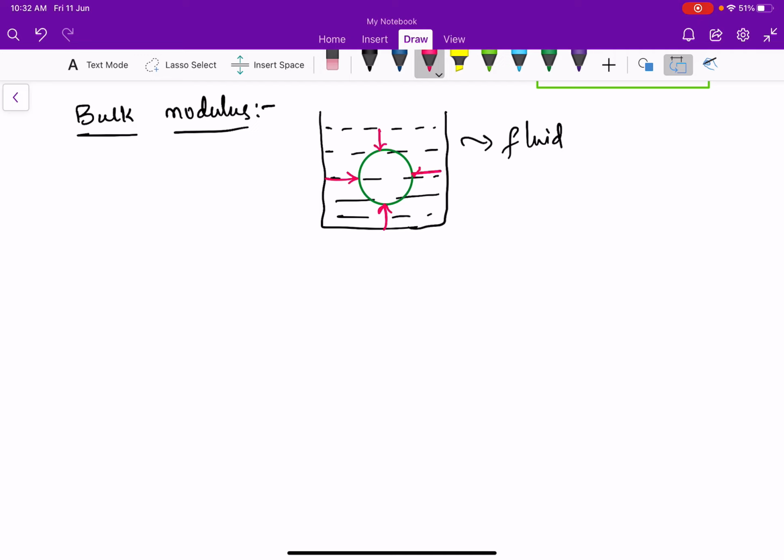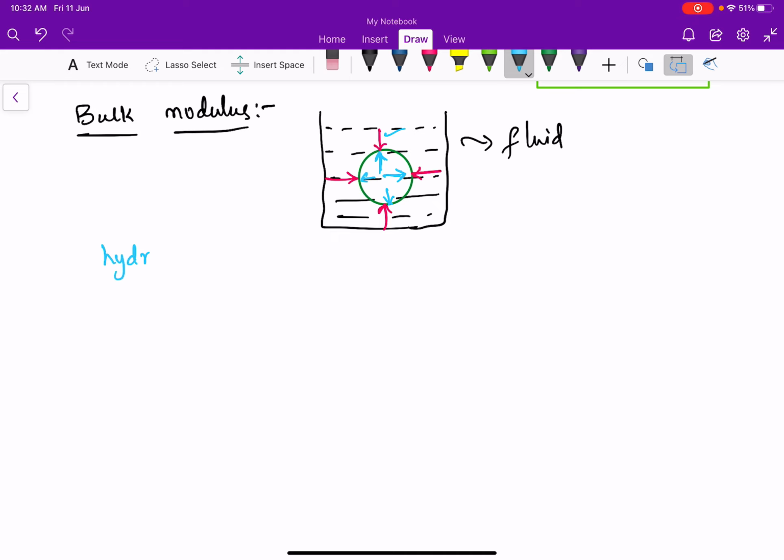So because of this normal force, there is equal and opposite force exerted by the fluid also. From Newton's law of motion, another force, restoring force, will be generated, and that restoring force per unit area is nothing but hydraulic stress.